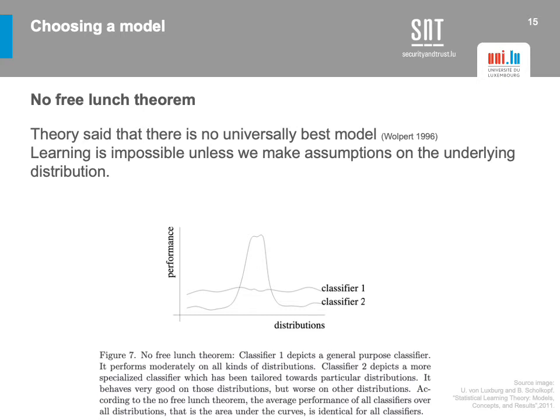And classifier number 1, model number 1, performs generally pretty good, kind of good for everything, but classifier 2 performs a lot better in the task that it is designed for. So this means that basically you can have a model that performs good enough in all situations, but it also means that some other models are better in a given situation.